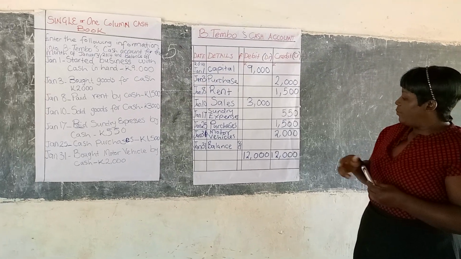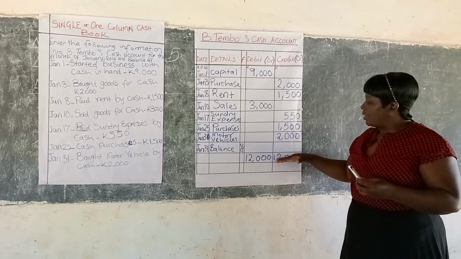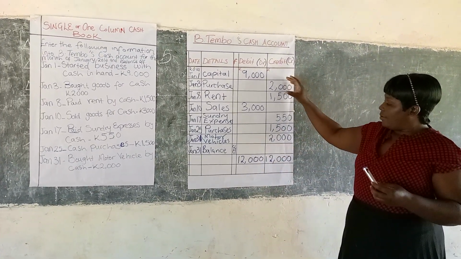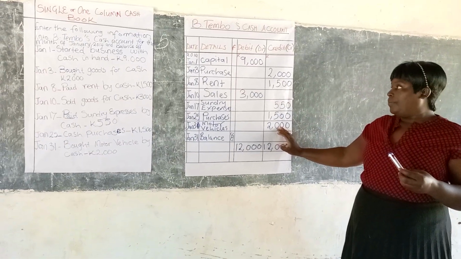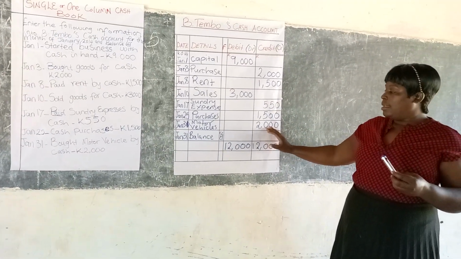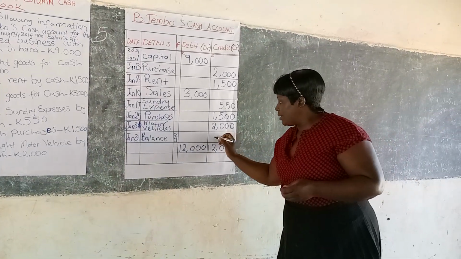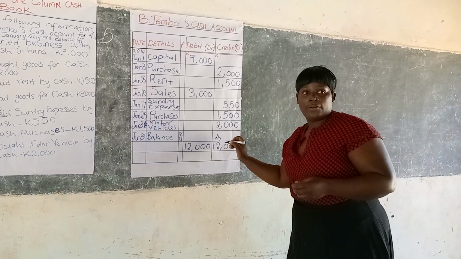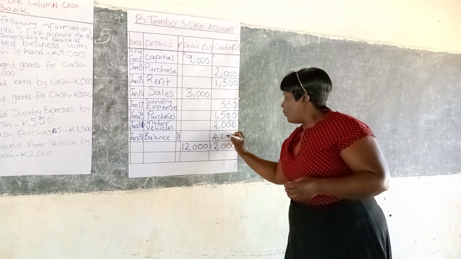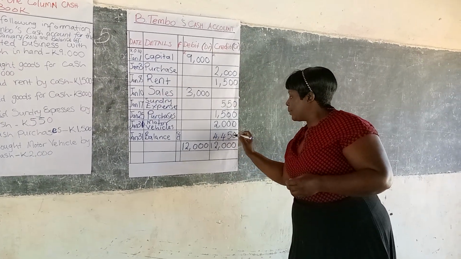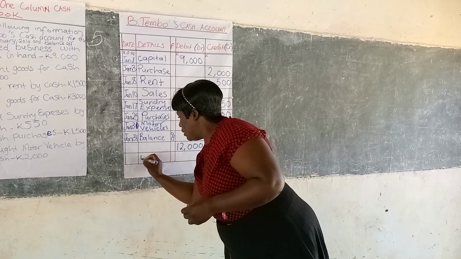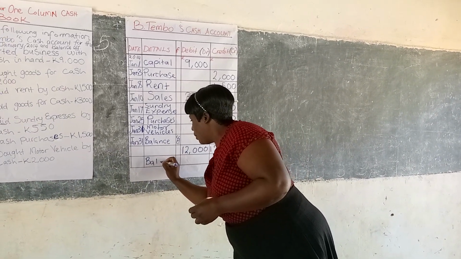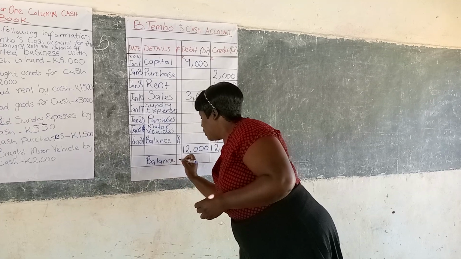Then you take the largest figure and subtract the figure that you get on the credit side of the cash account. Then the difference is 4,450. That's the difference. Then we are going to record it in the balance brought forward.